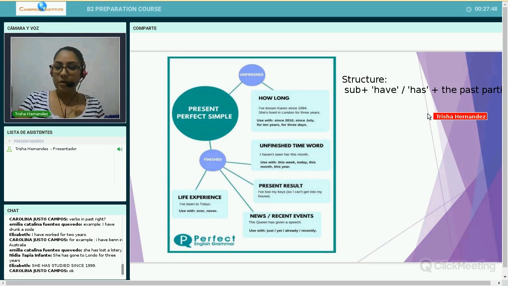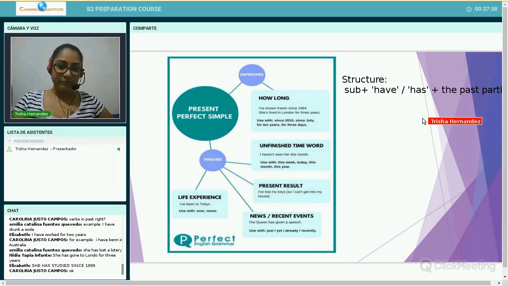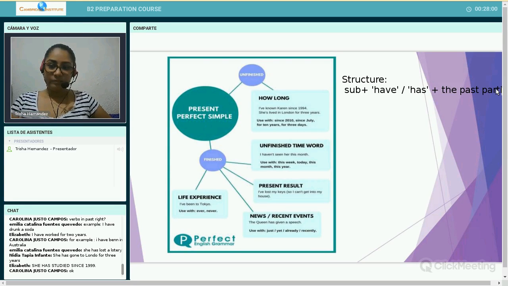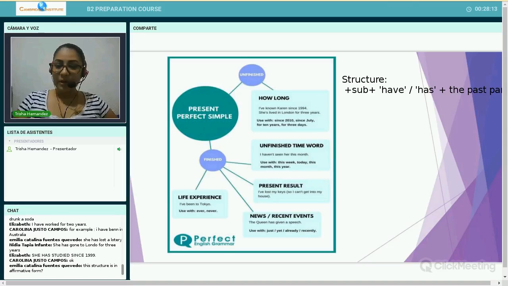I believe that you already know the difference between has and have. This structure, that's what I was going to tell you right now.